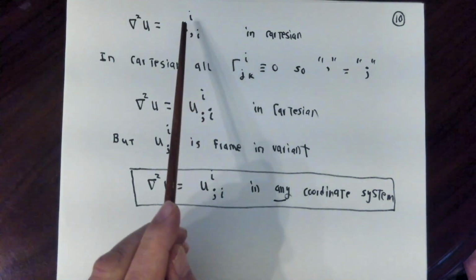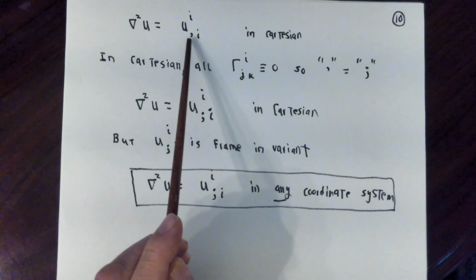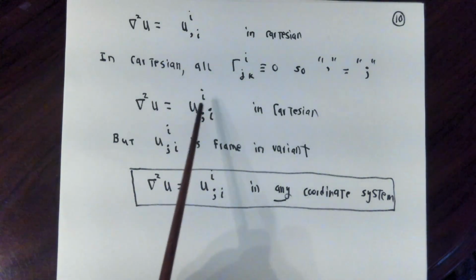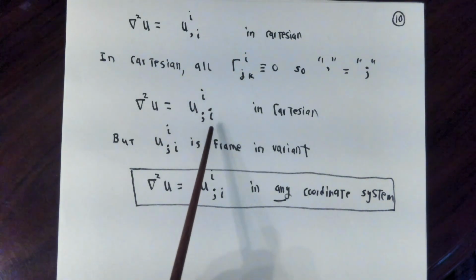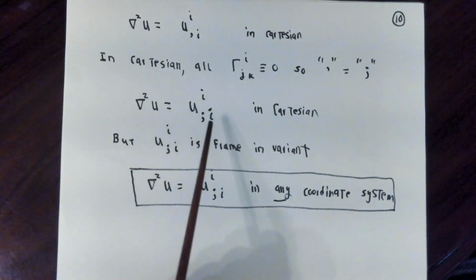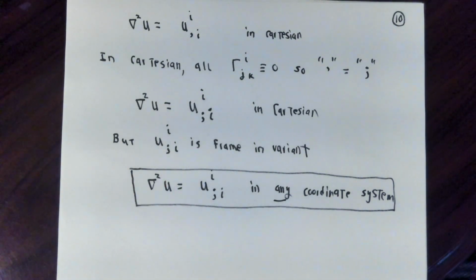That means that u^i_{,i} is the same as u^i_{;i} when I'm thinking about Cartesian coordinates. But this is a scalar. This must be a scalar also. This is a tensor equation of type (0,0), a scalar equation. If it's true in one coordinate system, it's true in all coordinate systems.